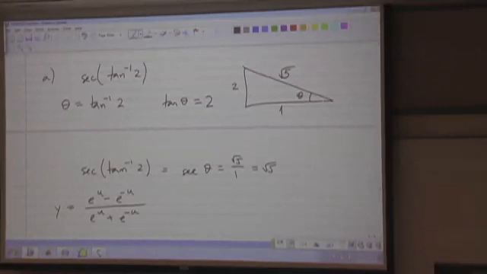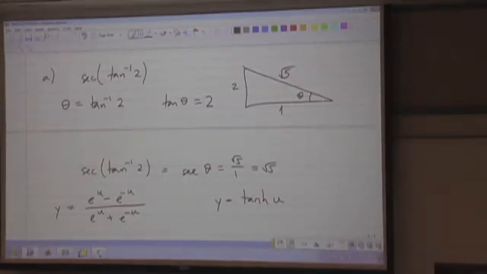Now today, we're actually going to find out that y is equal to the hyperbolic tangent of u, which, when we take the derivative, will be hyperbolic secant squared of u.